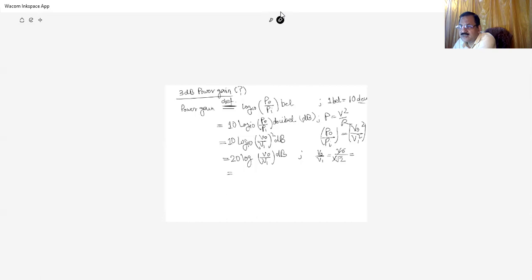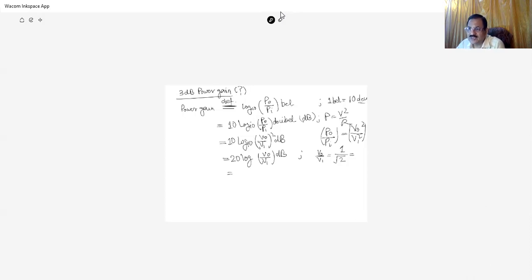We call it something like this, because when we take the gain, the value is 1 by under root 2.